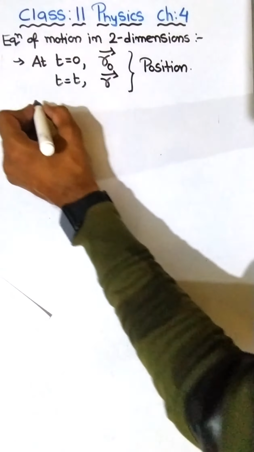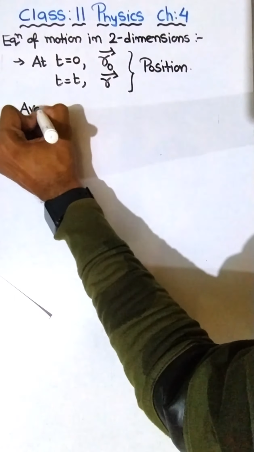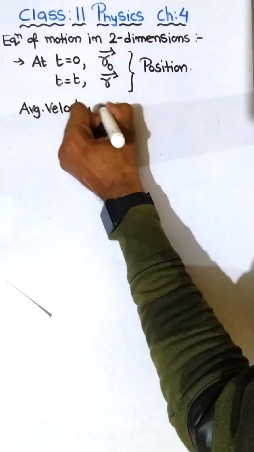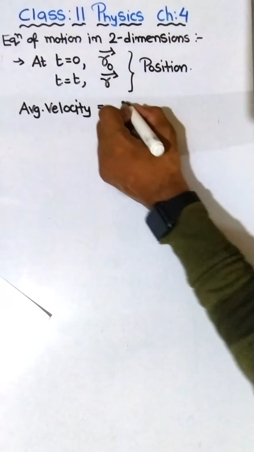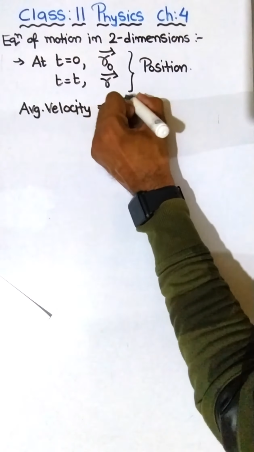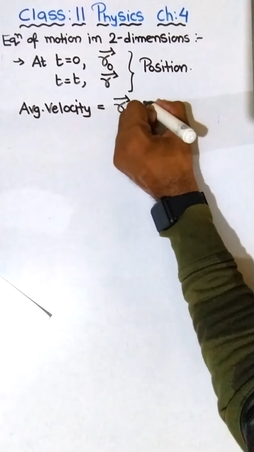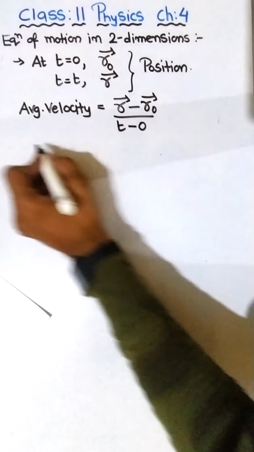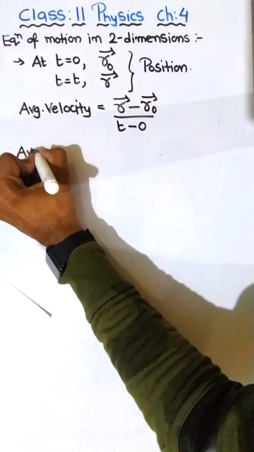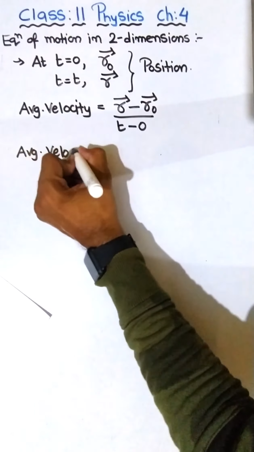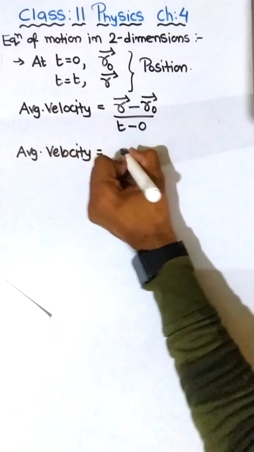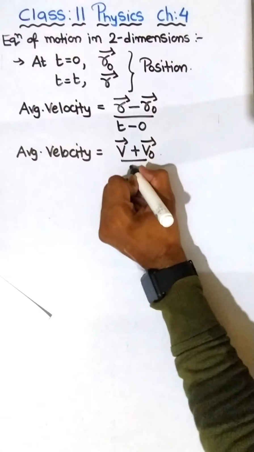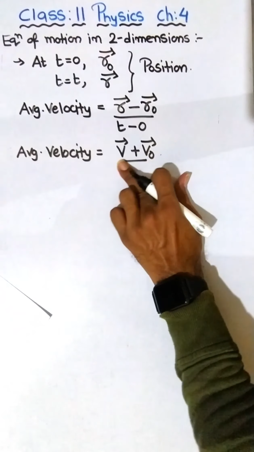Now if you ask what will be the average velocity over this time, average velocity has two formulas as we have discussed earlier. It is displacement upon time, and it also has another formula, that is the average of final velocity and initial velocity, divided by 2.